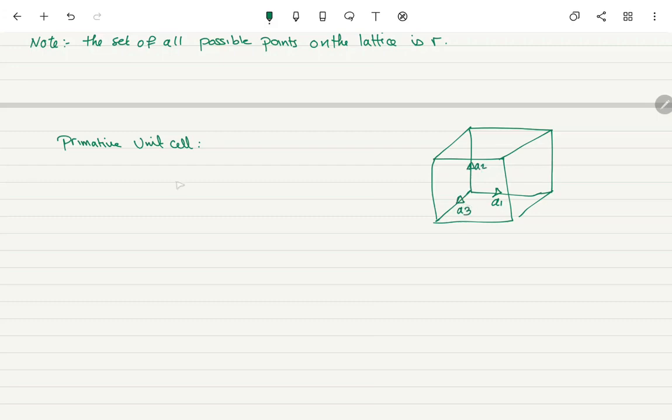The volume for this box is defined as A1 dot A2 cross A3, the magnitude. A very important note here, there is always one lattice point per primitive cell.